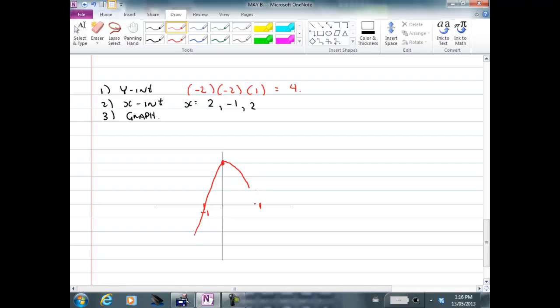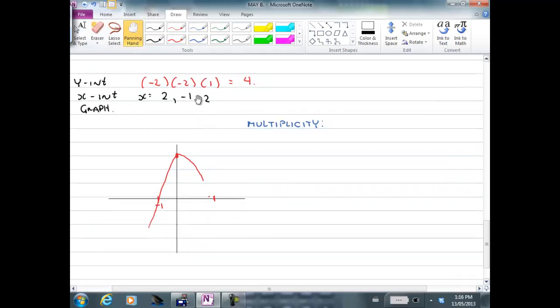I'm going to show you a term. This is called multiplicity. The key term here will be multiplicity. And write this down, because this will define what it is.